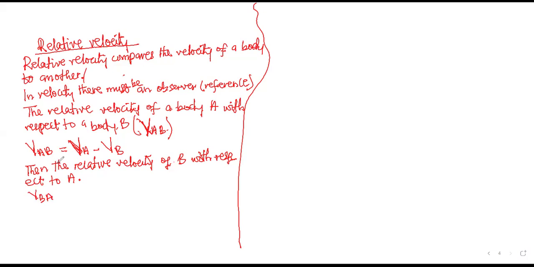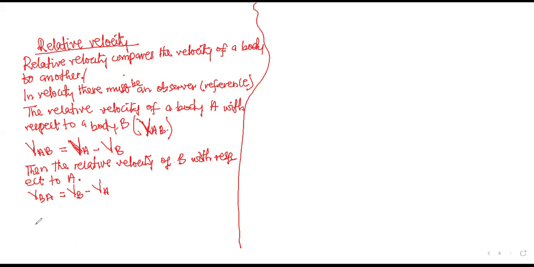When B was doing the observation, it was V of A minus V of B. Now A is doing the observation, so it's V of BA, which is equal to the velocity of B minus the velocity of A. So this is the concept of relative velocity.